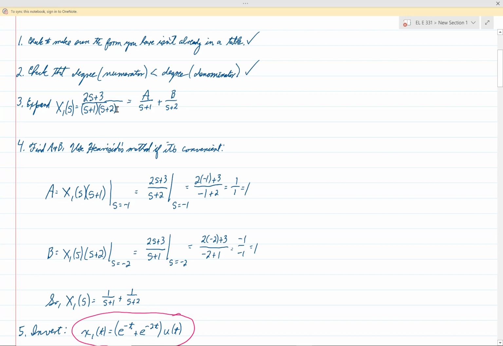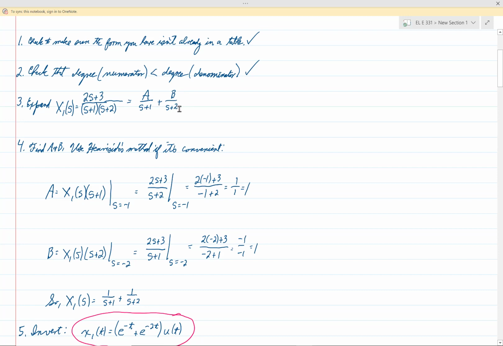Now, after multiplying both sides by s + 1, evaluate at s = -1. And what would happen? Well, over here you'll get some value, but on the right-hand side, remember, now we have multiplied by s + 1. So the first term just becomes A. But when we multiply the second term by s + 1, we have B(s + 1)/(s + 2).